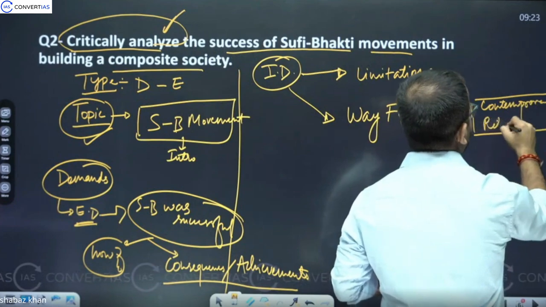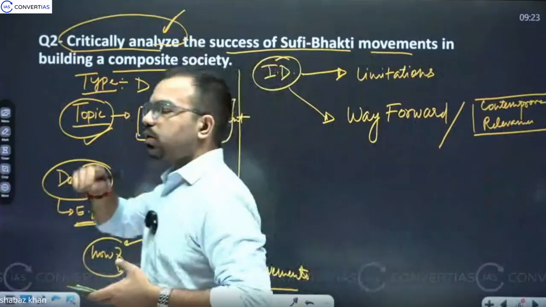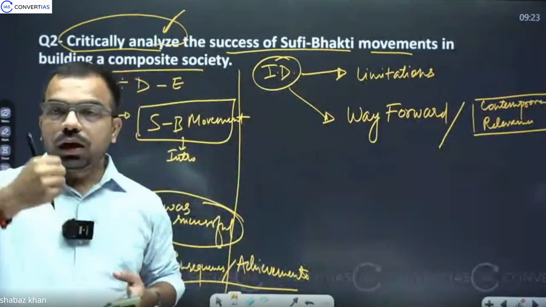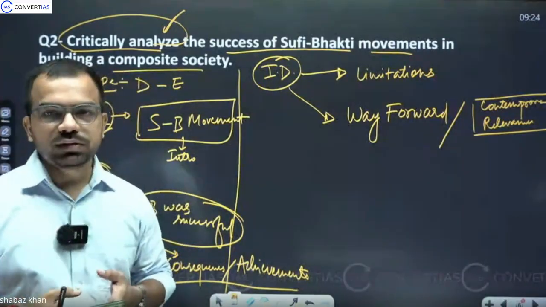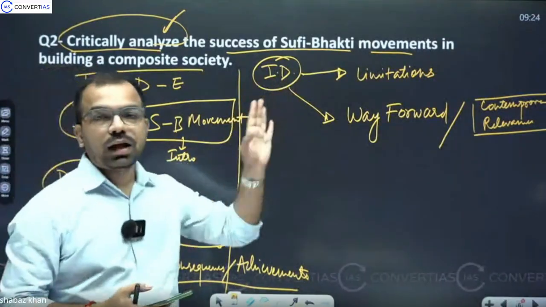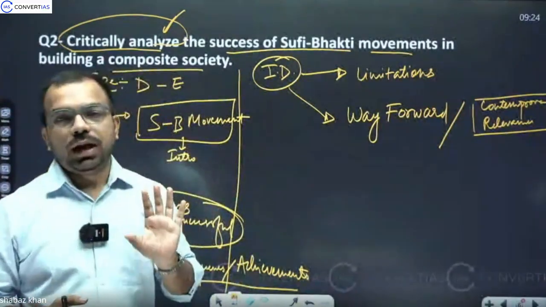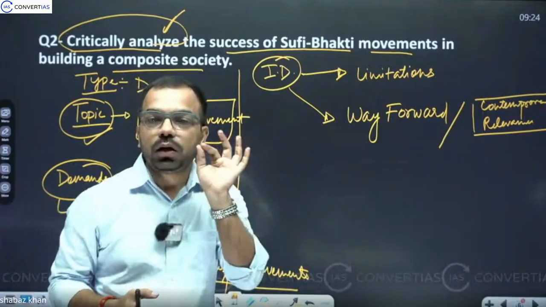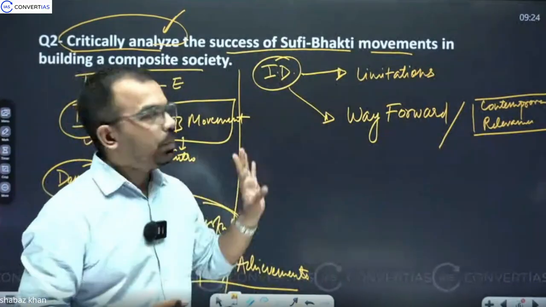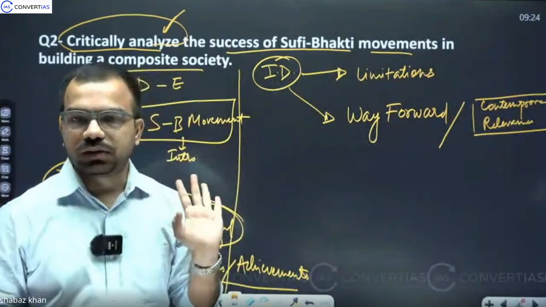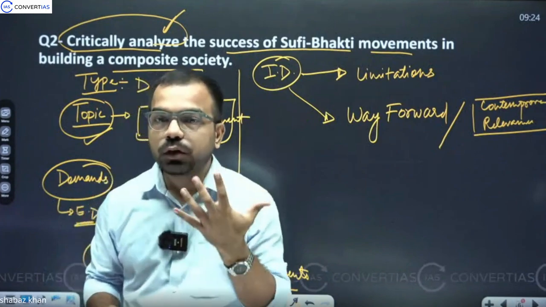How exactly do the Sufi Bhakti movements remain relevant in the present society? Because these are socio-religious reformist movements, and in present society or any society, reforms are going to be relevant, especially in social and religious fields. So find the rhythm of the question.